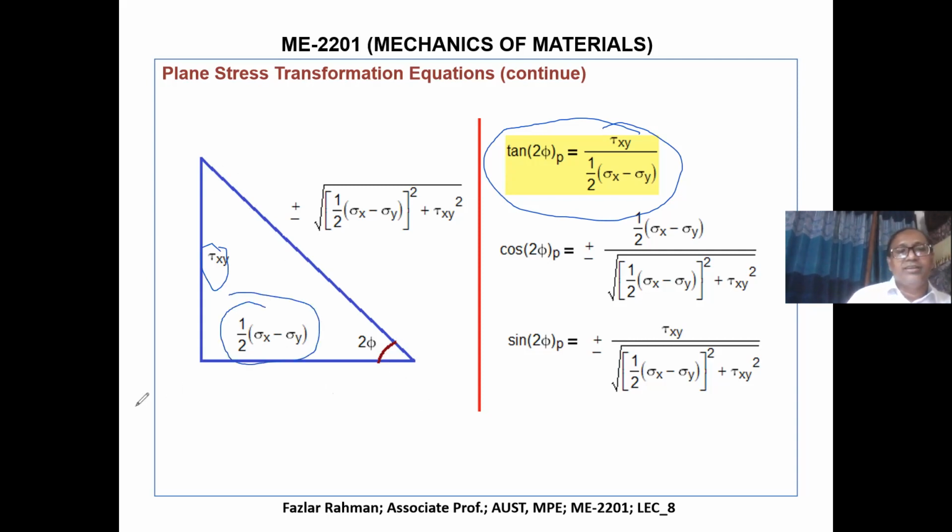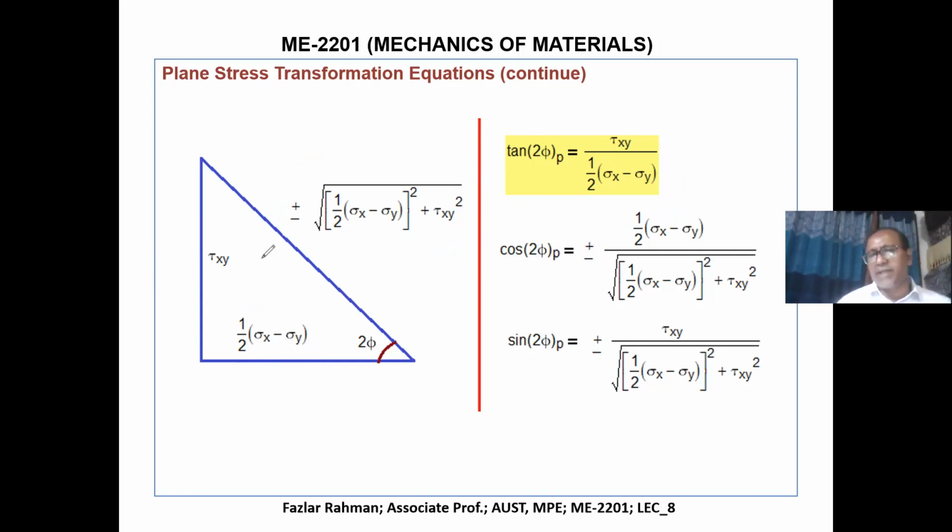You get root over a square plus b square, and for the root there will be plus minus sign. So the hypotenuse is root over tau xy square plus base whole square. So in a triangle you get all three sides. Now easily figure out cos phi. Cos phi will be base by hypotenuse, so this is my base divided by hypotenuse. Sin phi is perpendicular by hypotenuse. So you can easily figure out. Okay, so this is the trick. I just put it over here.